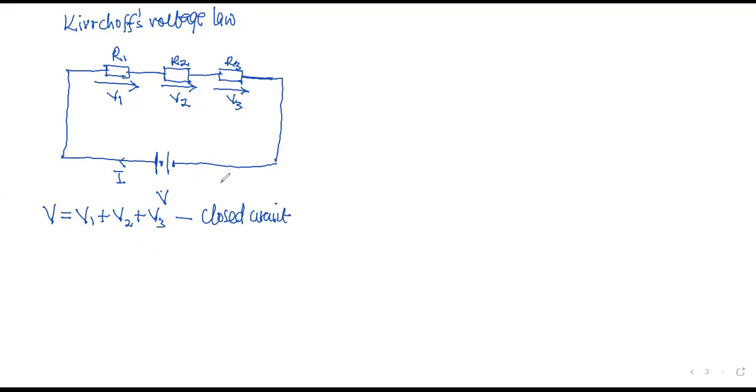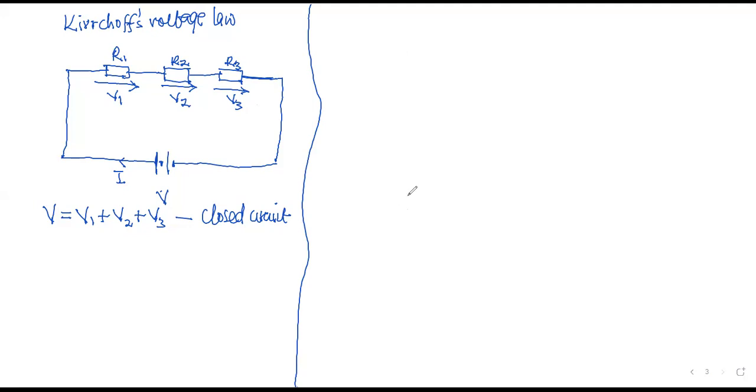So the condition for application of Kirchhoff's voltage law is that there must be a closed circuit. And the law actually says that in a closed circuit, the sum of potential difference across all resistors must be equal to the source potential difference.